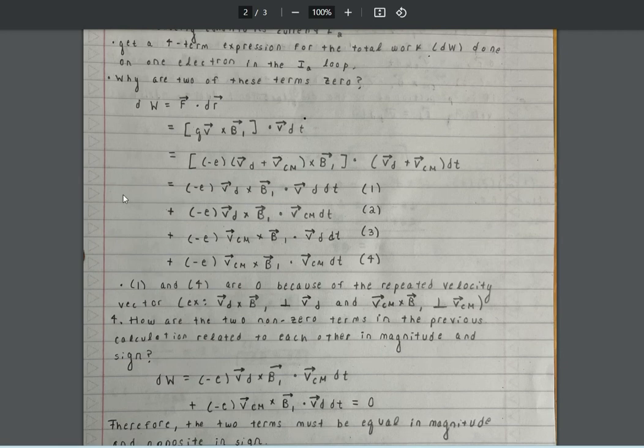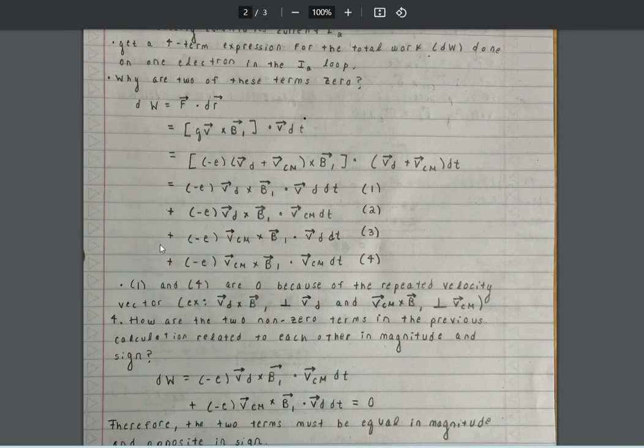So our first term here is the drift velocity times the magnetic field times the drift velocity times the change of time. And the second term, we're still using the drift velocity times the magnetic field, but this time we're using the velocity of the center of mass and the change of time for the velocity.